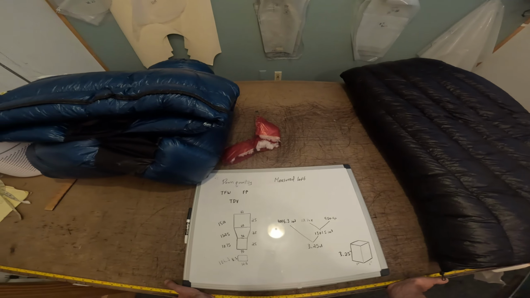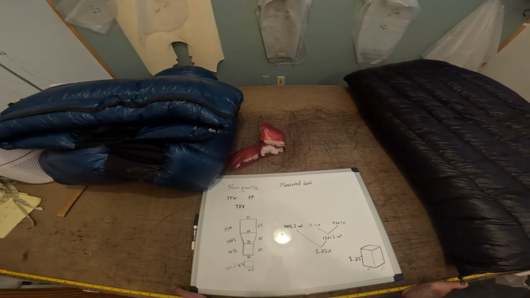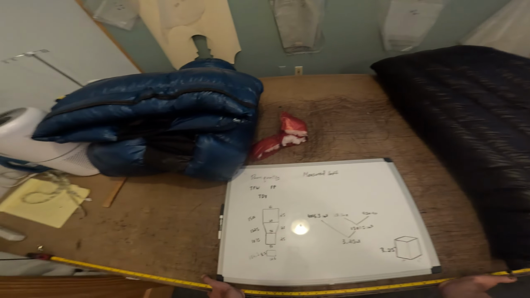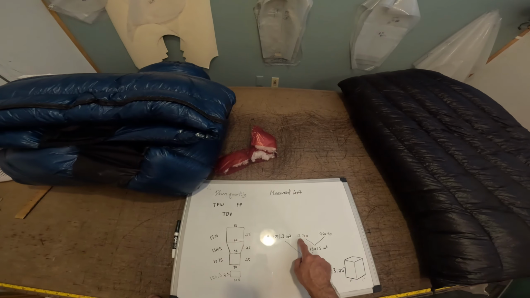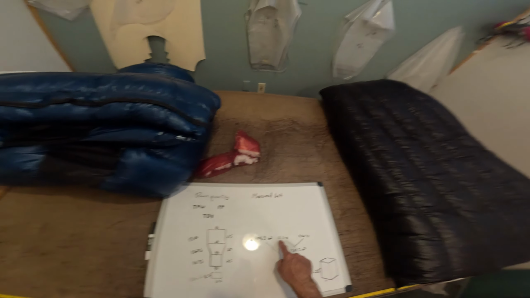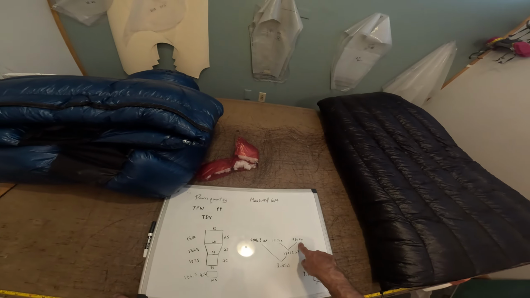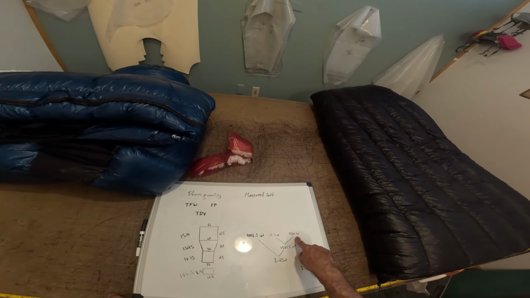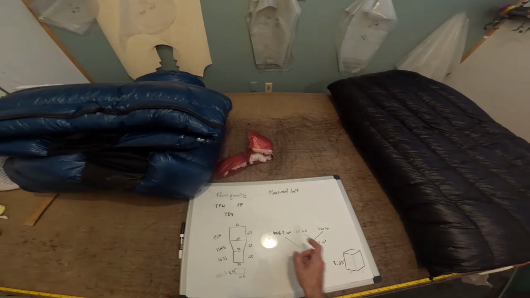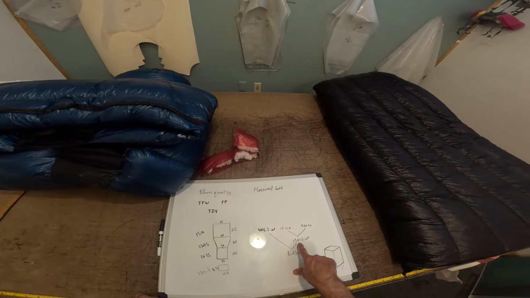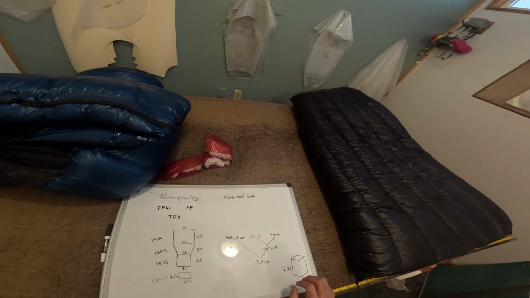So now we have all of the information we need to distill our down quantity into a useful transferable metric. So we can take our total fill weight, 13.7 ounces advertised in this quilt. We can take our fill power of 950, which means that 1 ounce of that down fills 950 cubic inches. Now if we multiply those together, we get the total down volume of 13,015 cubic inches of down in this whole quilt.